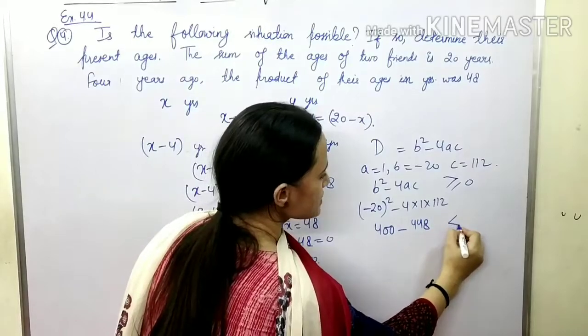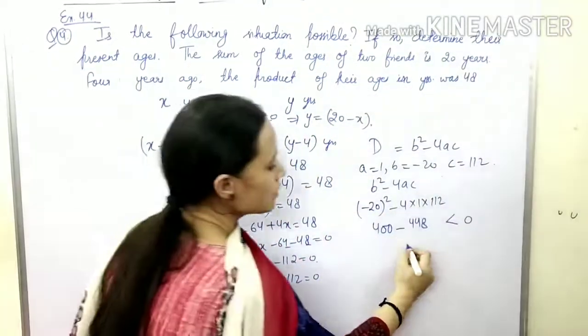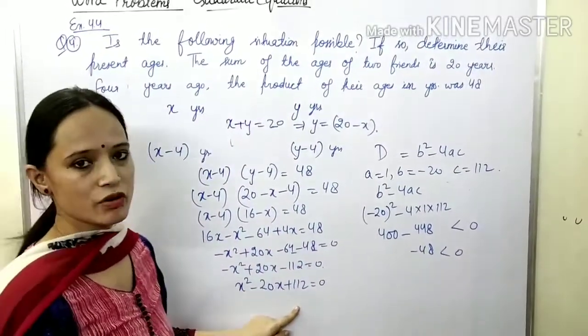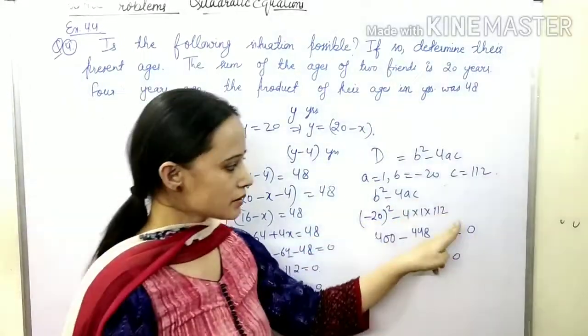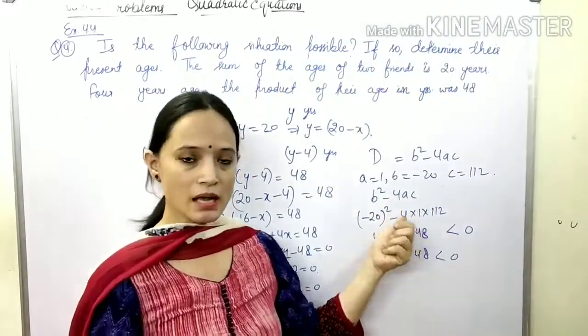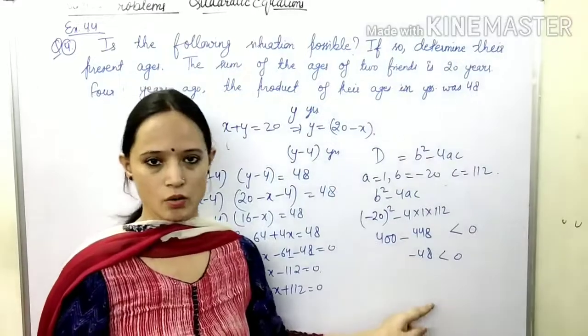So this is coming as negative. It means that here this situation is not possible and we cannot solve it further. If we would have got a discriminant value greater than or equal to 0, then we could have solved it further. But in this case, we will just stop here.